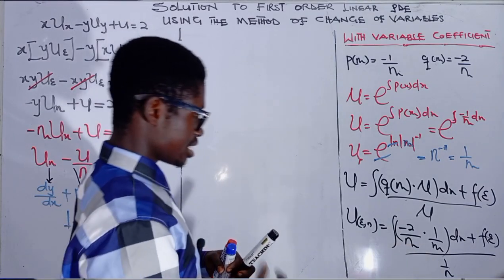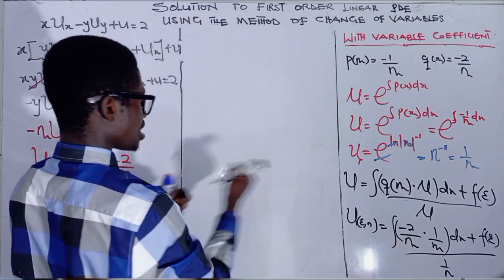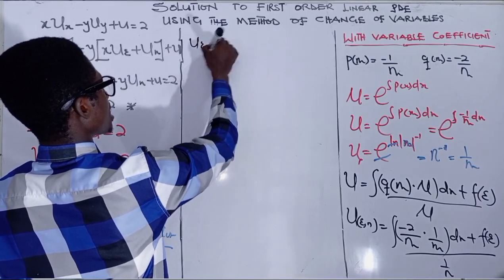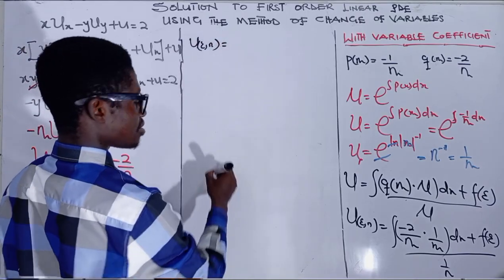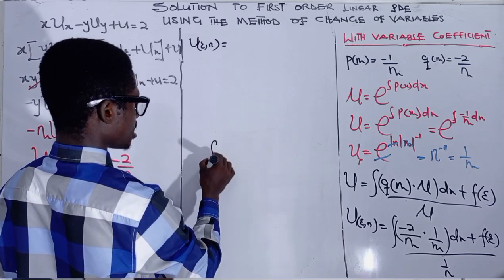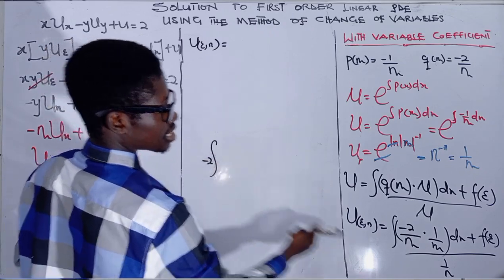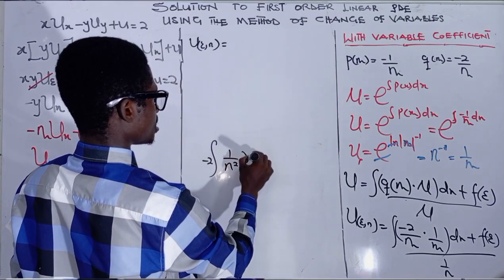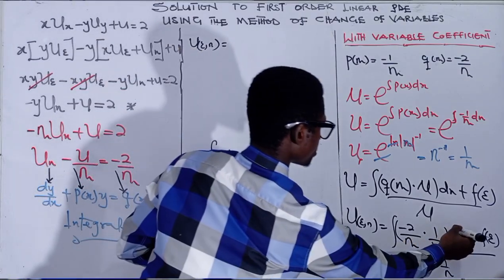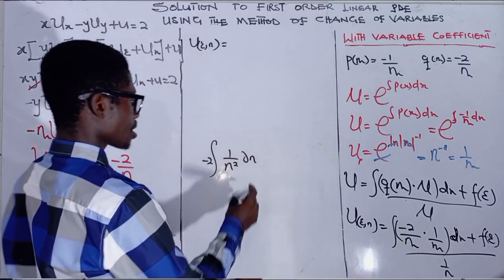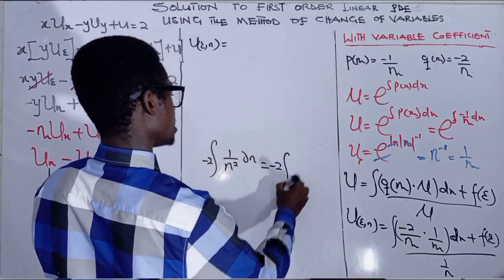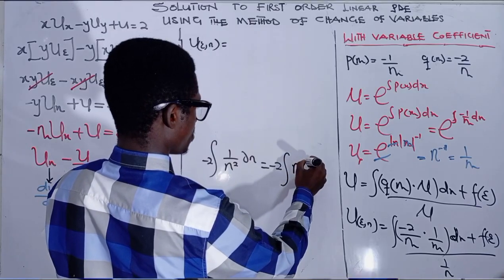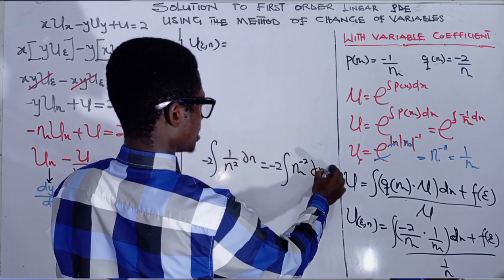So let's do the integration first. We have u xi eta is equal to the integral of, we can factor the negative 2 out, we are left with 1 all over eta squared d eta. So we can write this as negative 2 integral of eta raised to the power negative 2 d eta.